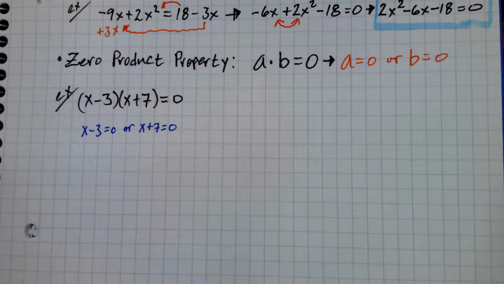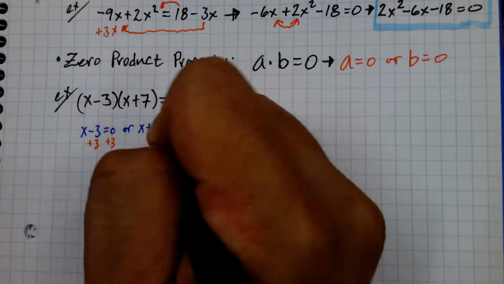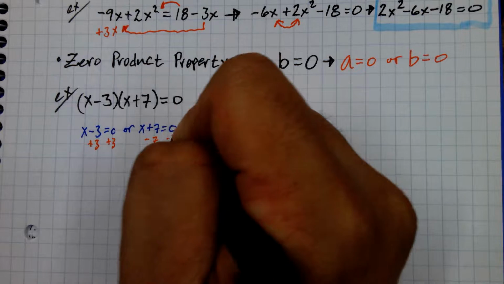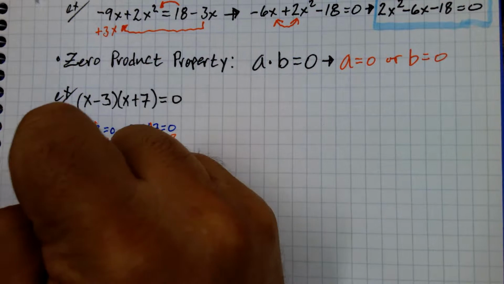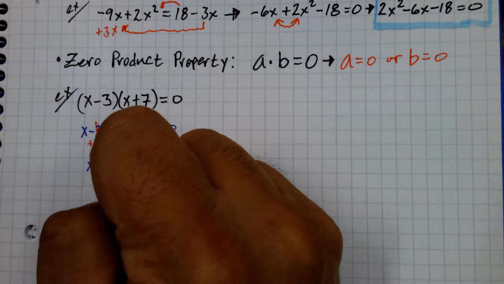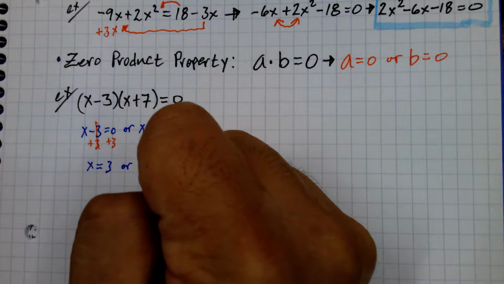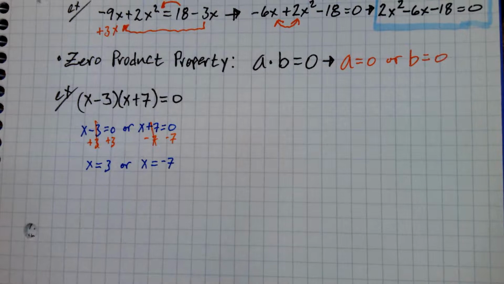Well, we can solve those and figure out what x is, right? I mean, it's almost too easy. Almost just flip the sign. Well, let me work backwards. Okay? I started off with these two binomials. Let me multiply them together.